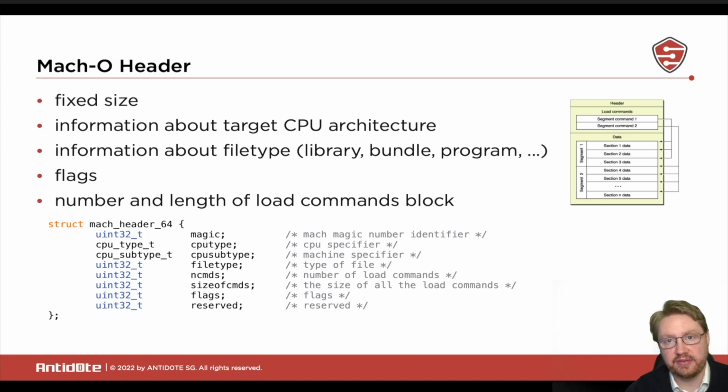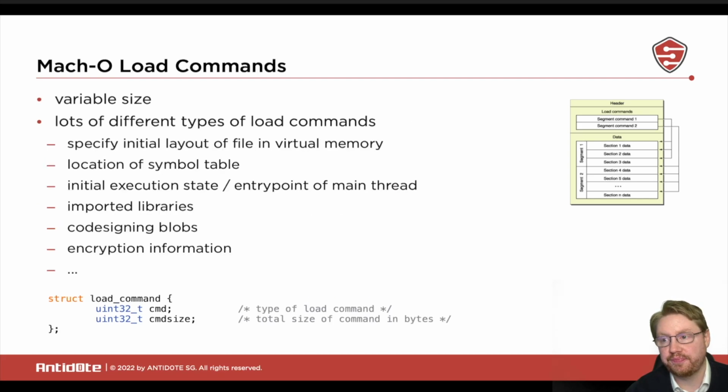But aside from that, the most important information inside this header is how many load commands follow this header and how big they are in total, because the load commands are the ones that actually have all the juicy information.